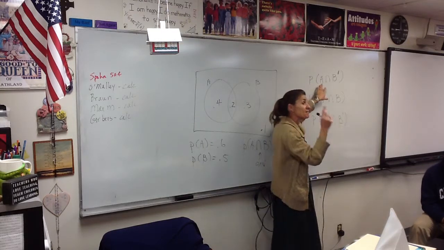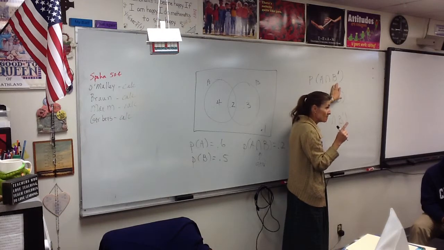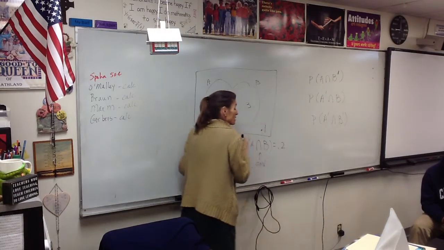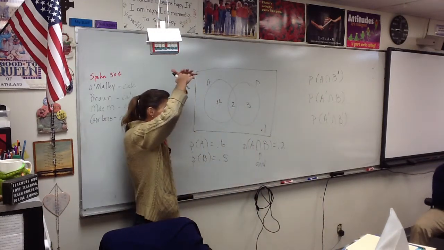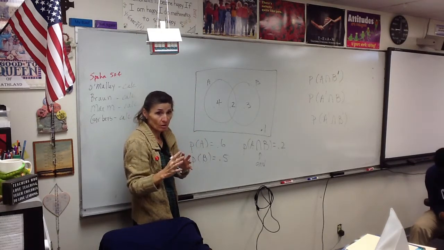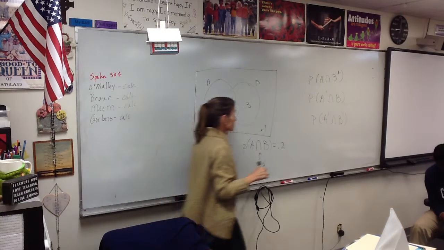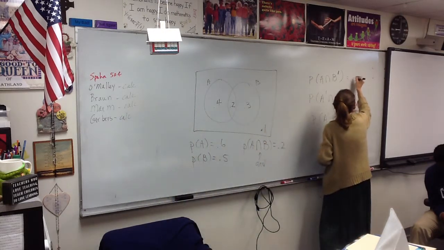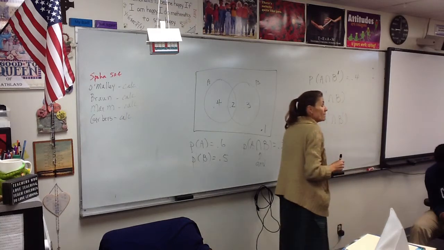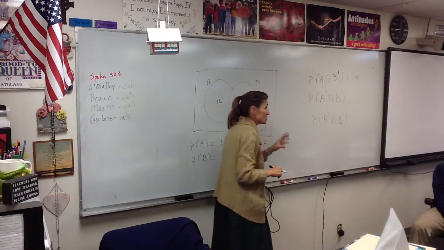So you are in the A circle, but you are not in the B circle. All right, look at your picture. You're in the A circle, but you're not in the B circle. Isn't that these people right here? So the answer would be 0.4. So the dash means not. The apostrophe means not. Yeah, that's the notation for it.